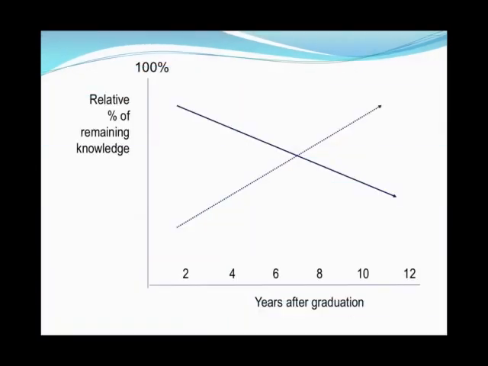This is just a graph to show that. So if we have, you know, 80% of the knowledge at the end of residency, it's just going to keep going down and down and down. And the amount of information that we don't know is going to continue to rise and rise and rise over time.